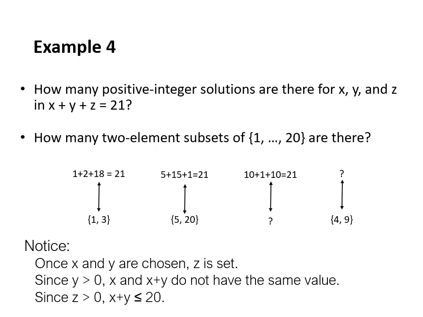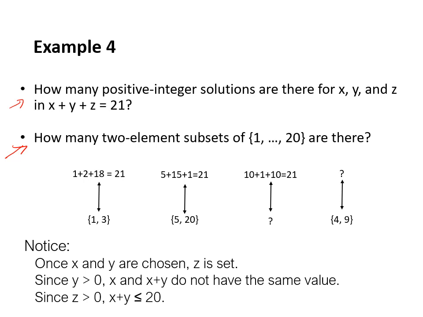We are going to calculate that by showing that it's combinatorially equivalent to answering the question of how many two-element subsets of the set that goes from 1 to 20 there are. This second one we know how to calculate. That's easy. And if we can show correspondence, we can calculate the solution to the first one by calculating the solution to the second one.